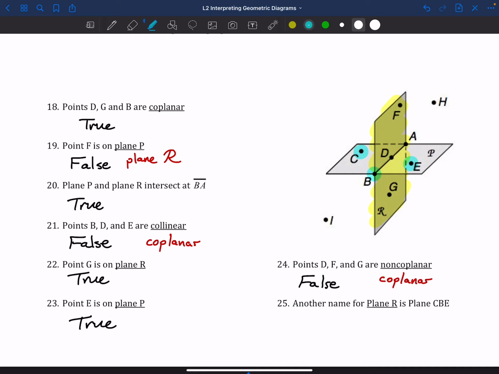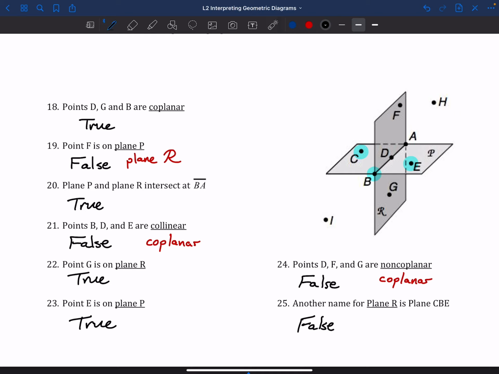So CBE is an okay way to name a plane. What we're trying to figure out is if it's another name for plane R. What I'm noticing is that C and E aren't even anywhere on that yellow shaded in plane R. So unfortunately, what we'd have to say here is that this is false. Those are not another name for plane R.